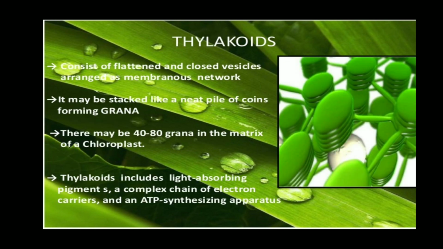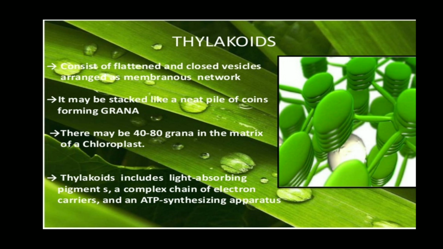Then the thylakoids. So these thylakoids consist of flattened and closed vesicles, which are arranged as a membranous network. So in this photograph you can see, right, the plate-like structure. It may be stacked like a pile of coins, forming the grana, right? So there may be 40 to 80 grana in the matrix of the chloroplast.